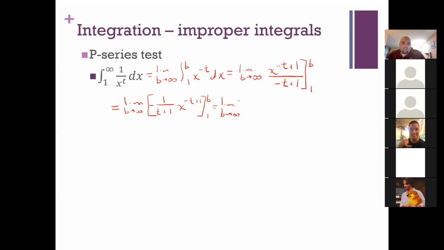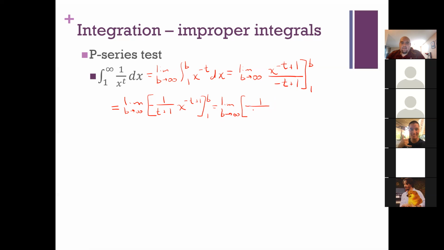All right, so now I'm actually going to plug these things in. So negative 1 over b plus 1 times x to the negative b plus 1. No, why am I plugging things in for b, guys?